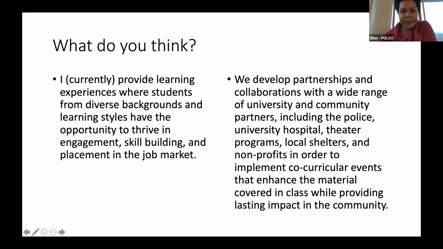Someone just said yes. So the one on the left, I think it would be useful for them to elaborate more on what learning experiences they are referring to. So I'm giving you lots and lots of examples of what not to do because they are unfortunately very common out there. It feels vague again.